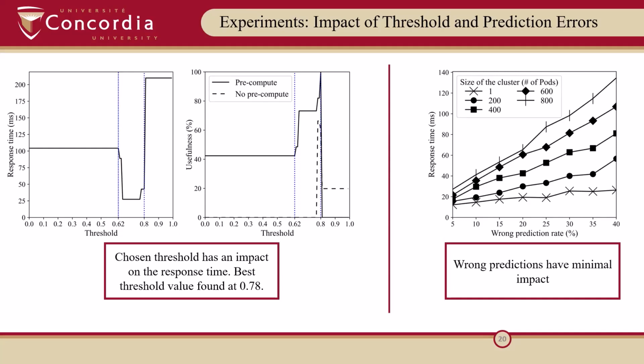As you see here, even if the attacker makes us do a 40% wrong prediction rate, which is a lot, the response time is still lower than what the existing tool has, because we still have 60% of right predictions. So yeah, that's my answer.